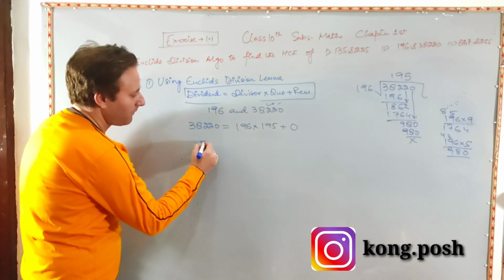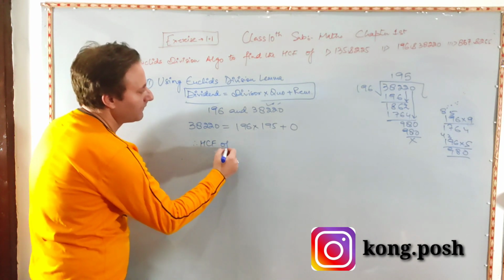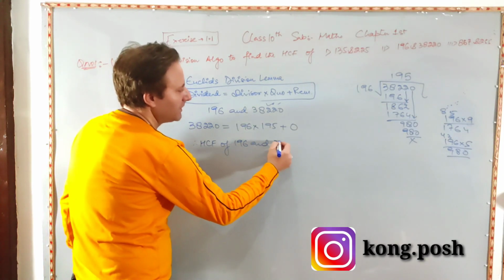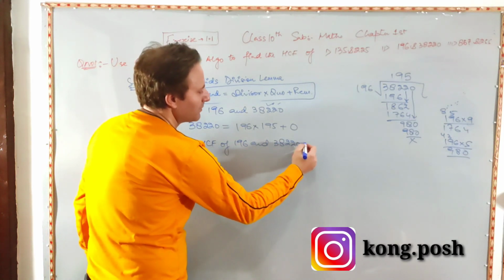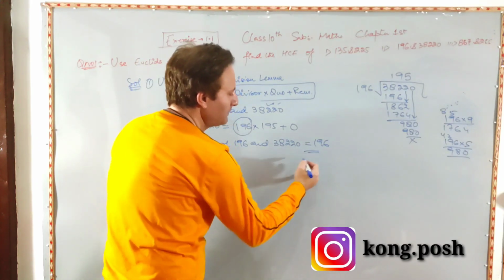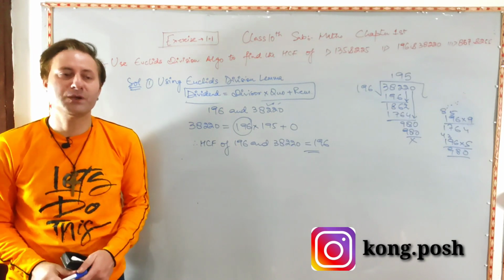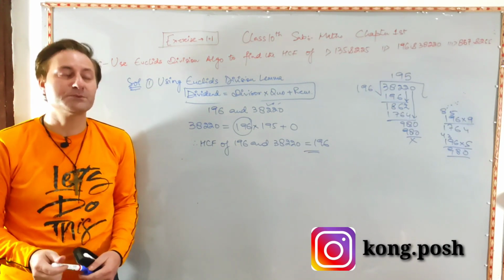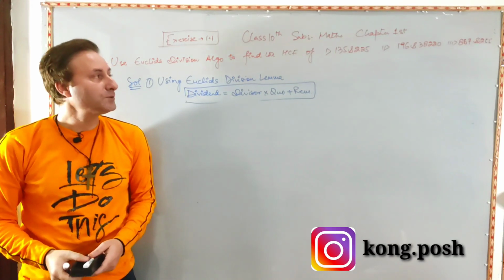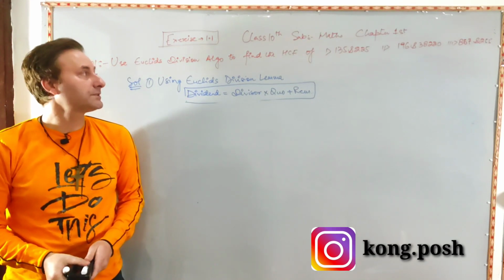So therefore HCF of 196 and 38220 is this thing, 196. I hope you understand this as well. If you want to make a note of it, please pause the video and make a note of it.